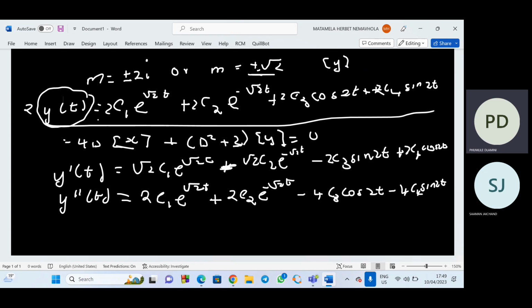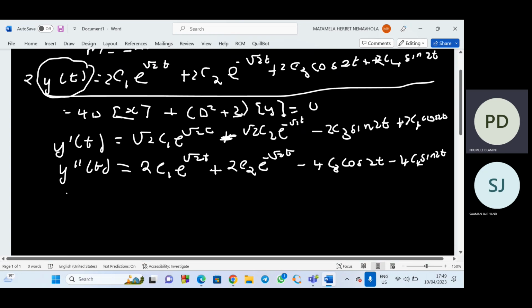If I multiply this equation by 2, I will add this one and this one. If I add the like terms, 2 plus 2 is going to give me 4c1 e to the power square root of 2t.